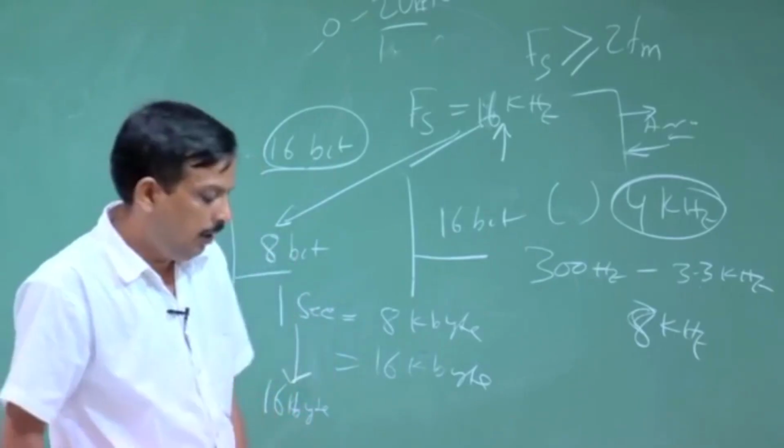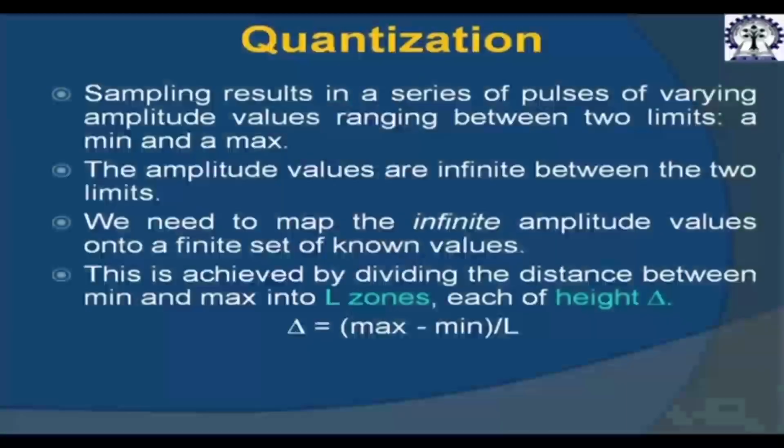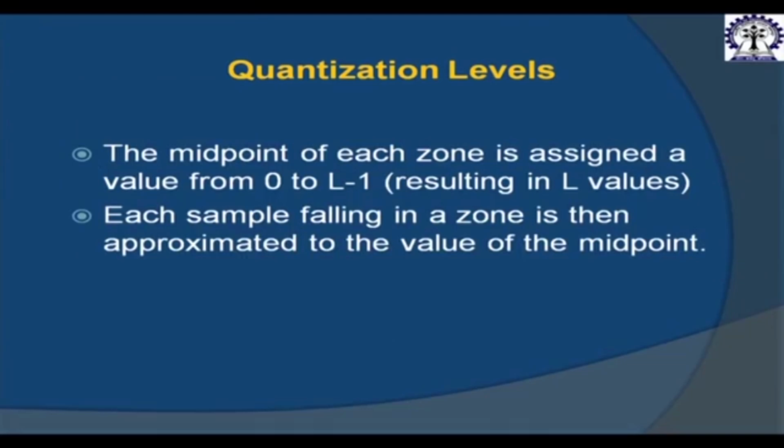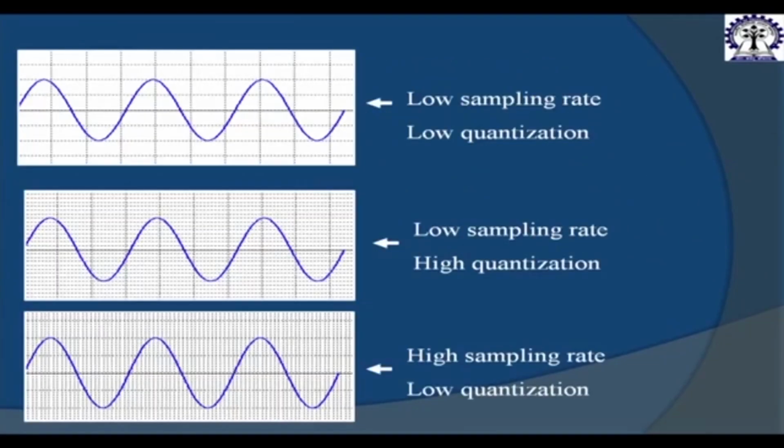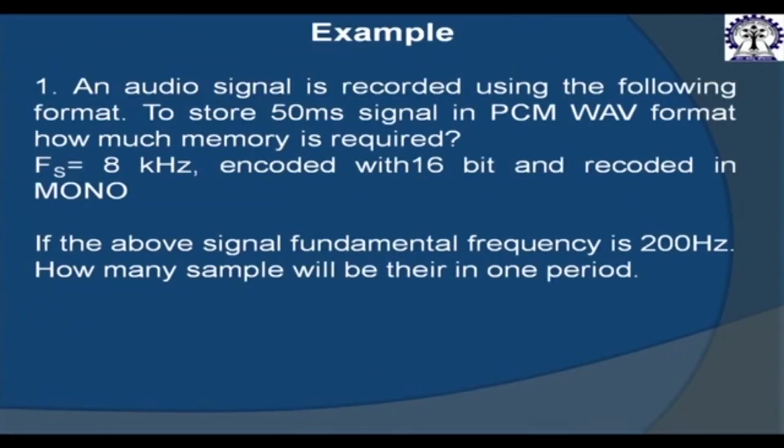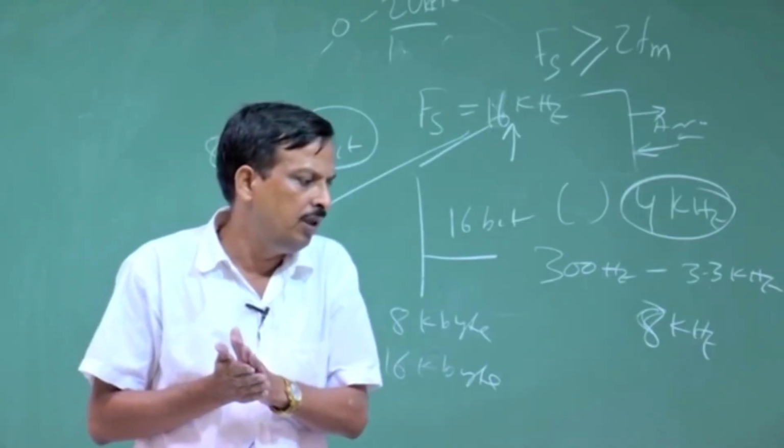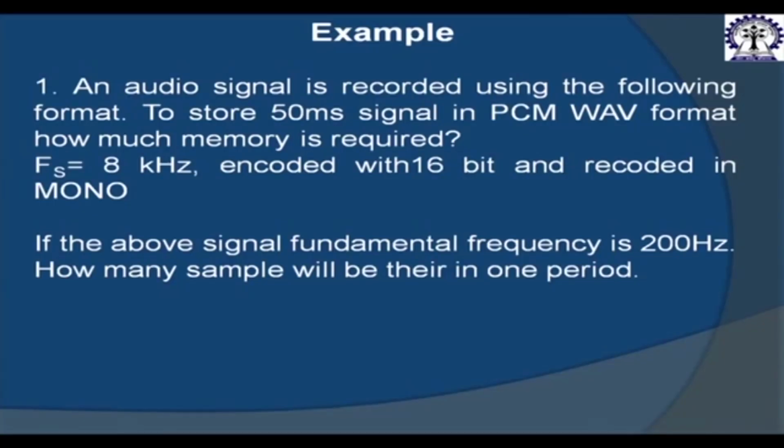Okay. Now I give a problem. I am not going into the details of digitization. This is the problem. An audio signal is recorded using the following format. To store a 50 millisecond signal in PCM WAV format, how much memory is required?